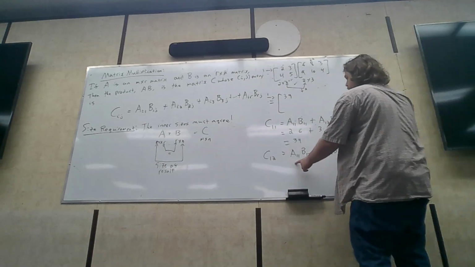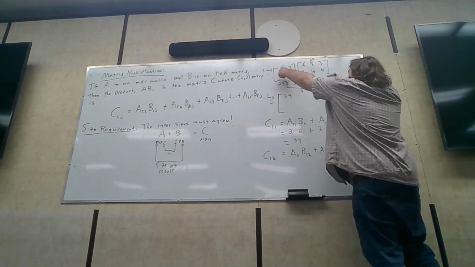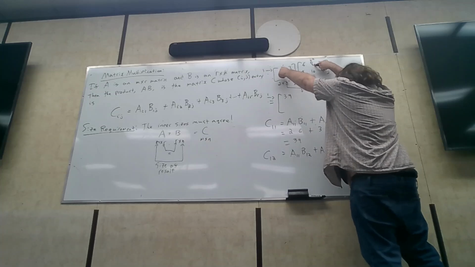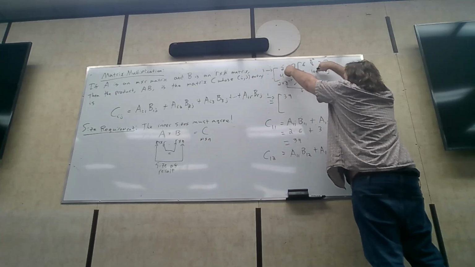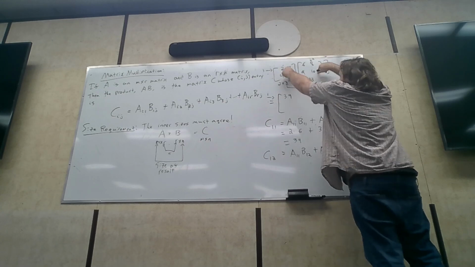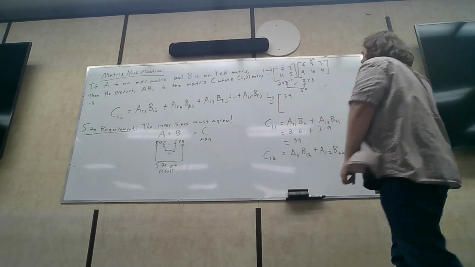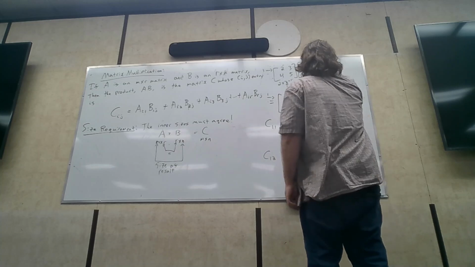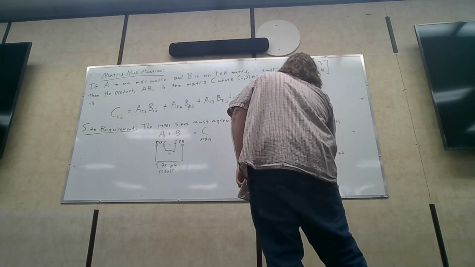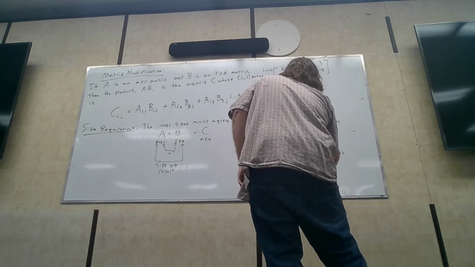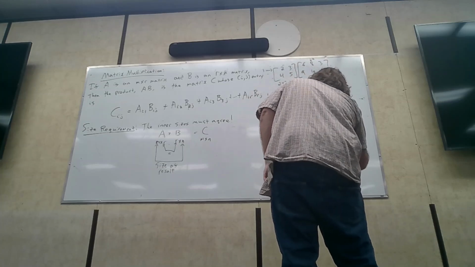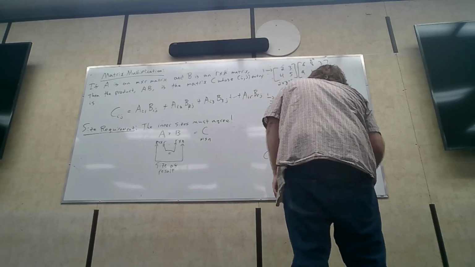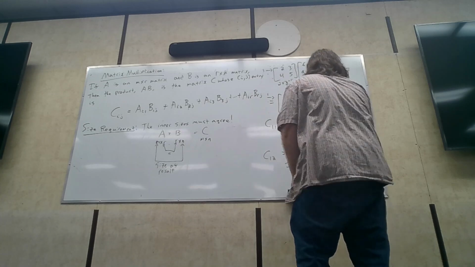So A11 is this thing, B12 is this thing, and then A12 is this thing, B22 is this thing. So this would be 2 times 8 plus 3 times 10, which is 46.